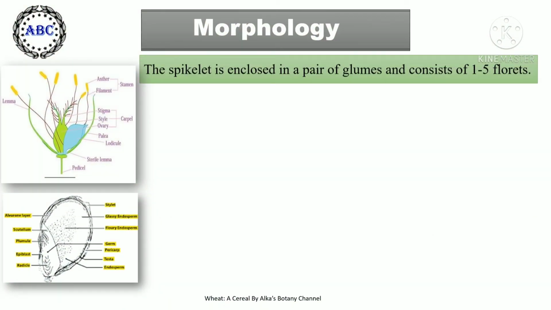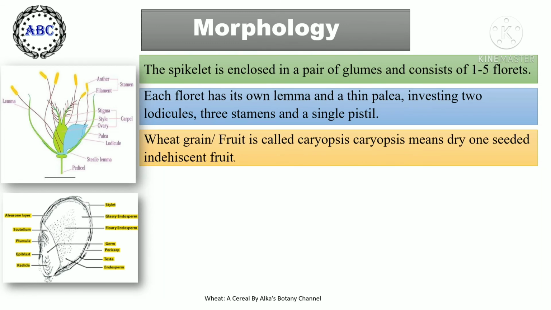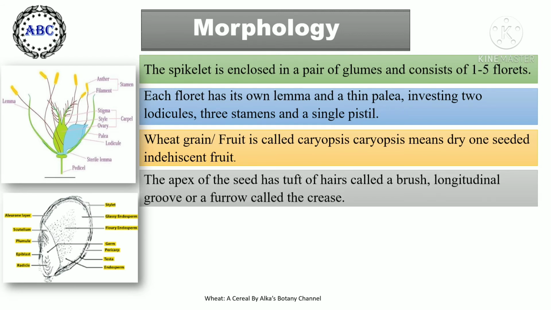The spikelet is enclosed in a pair of glumes and consists of 1 to 5 florets. Each floret has its own lemma and a thin palea investing 2 lodicules, 3 stamens and a single pistil. The wheat grain, or fruit, is of caryopsis type. Caryopsis means a dry, one-seeded, indehiscent fruit.